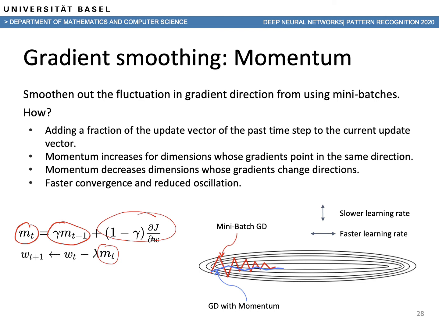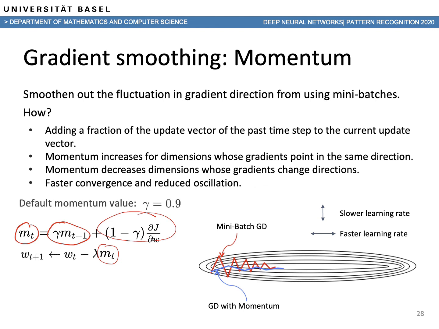And the picture here to the right looks a lot like what you saw in RMS prop. So in practice, they do a lot of the same things, but one, you should just remember, works on the learning rate and the other one works on the gradient smoothing. So they both try to do the same thing, namely smoothing out the oscillations in training, which usually occur from using mini batches.